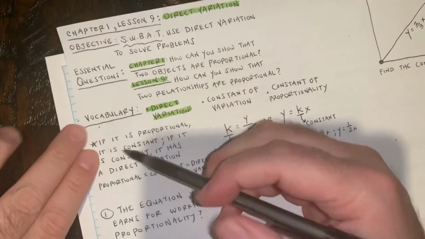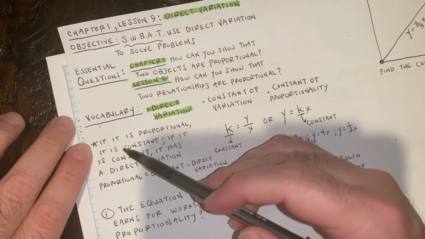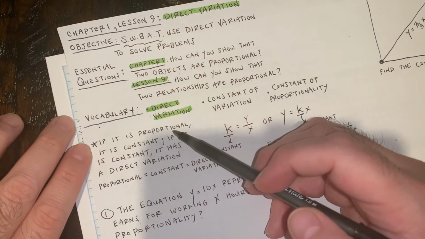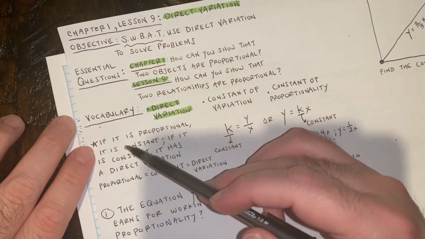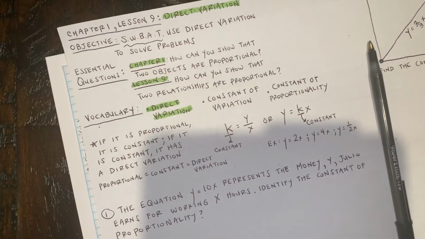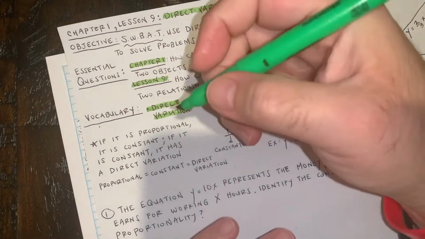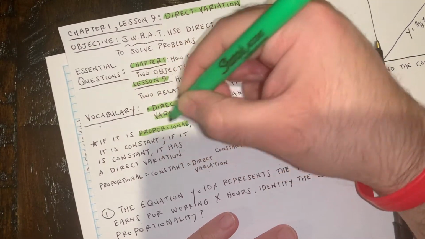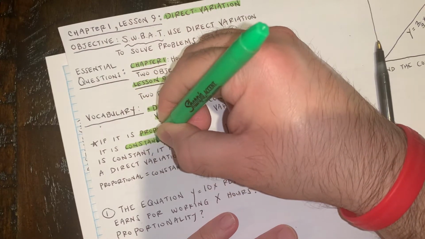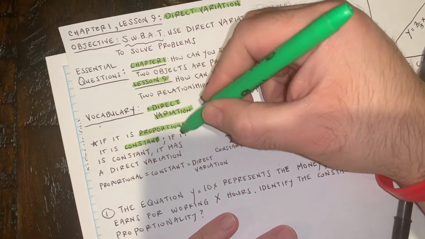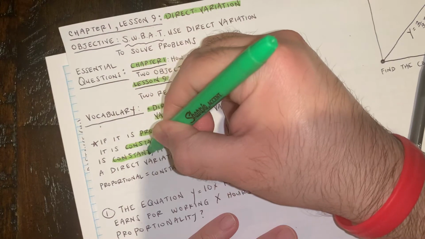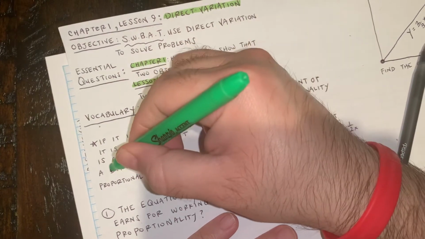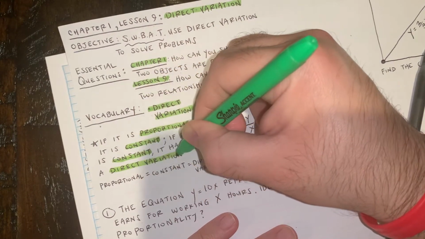It's really important, so please write this down. If it is proportional, it is constant. That's something that we already worked on earlier in this lesson and in this chapter. In order for something to be proportional, it has to be constant. Now, if it is constant, that means it has a direct variation.